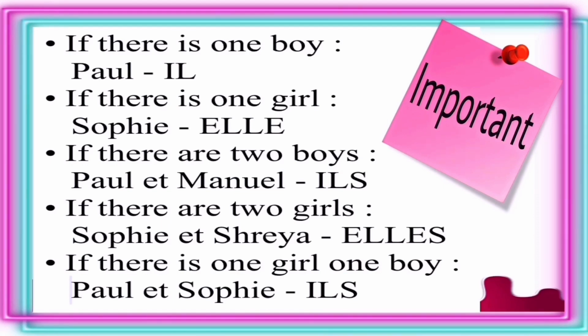Similarly, if there are two girls, then use elles. Now pay attention here in the last one. If there is one boy and one girl, then we will conjugate the verb with ils.